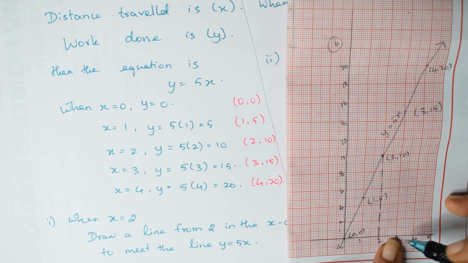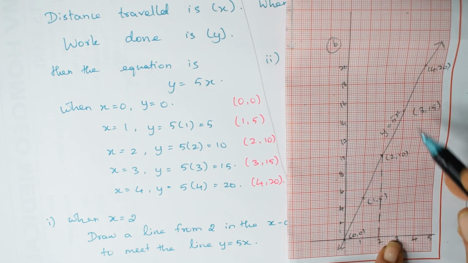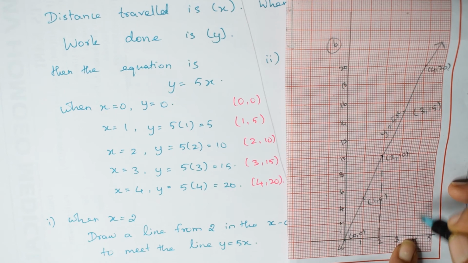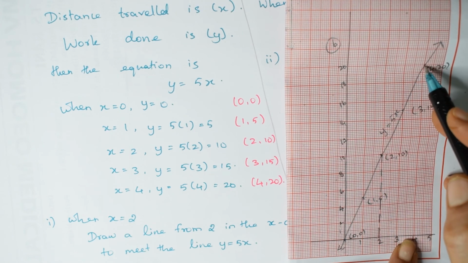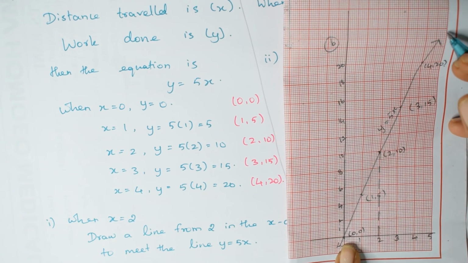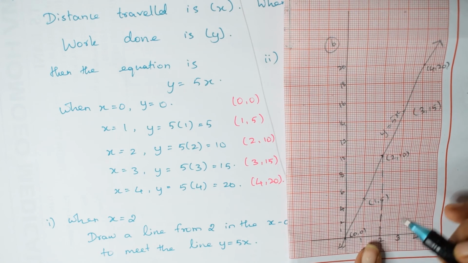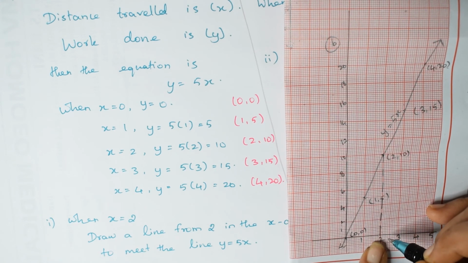And 3 comma 15, 3 on the x-axis, 15 on the y-axis. Then 4 comma 20, 4 on the x-axis, 20 on the y-axis. So I have marked all the points and drawn a straight line here. And their question is, what will be the distance traveled when 2 units of energy, or force, is given?